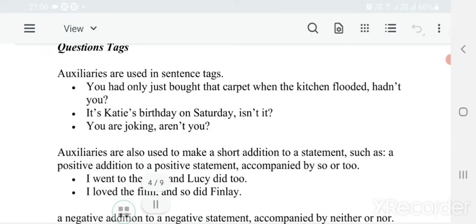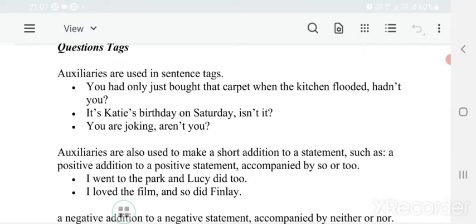And question tags are, as you know, something attached to a sentence. Like in the following examples, the first example, you had only just bought that carpet when the kitchen flooded, hadn't you? Now the last portion of this sentence, hadn't you, is called a question tag.